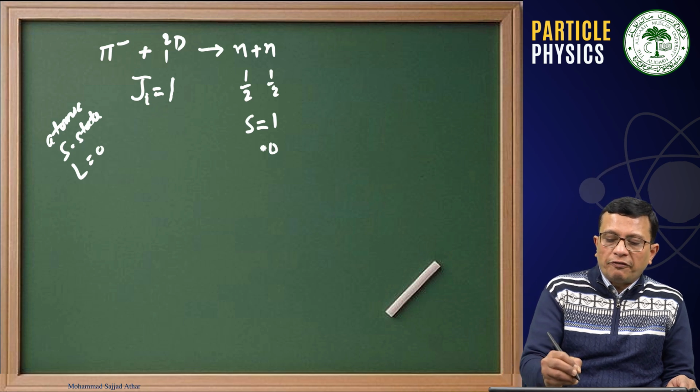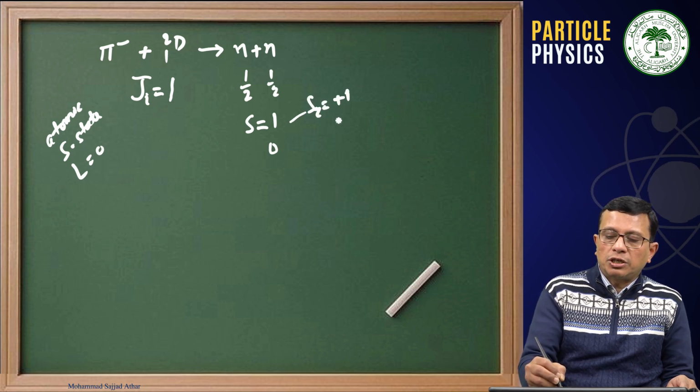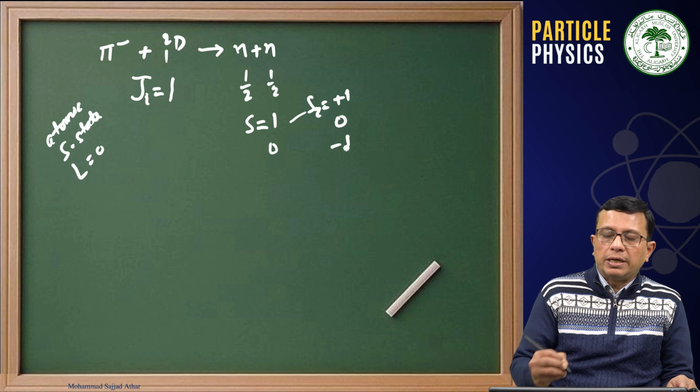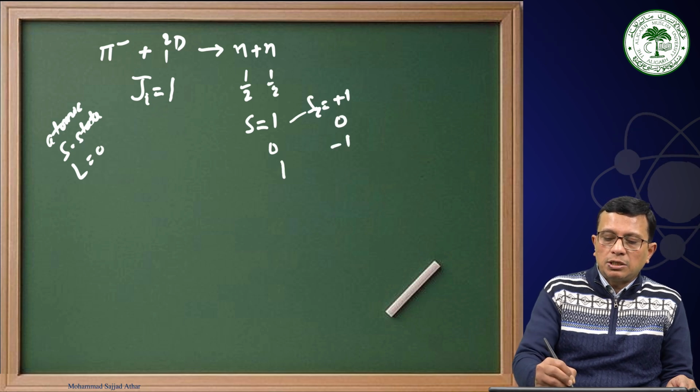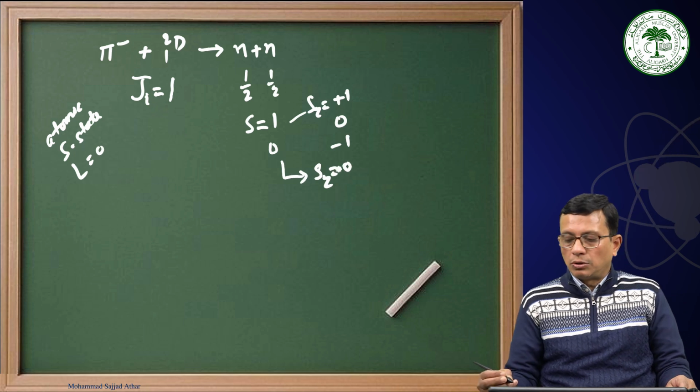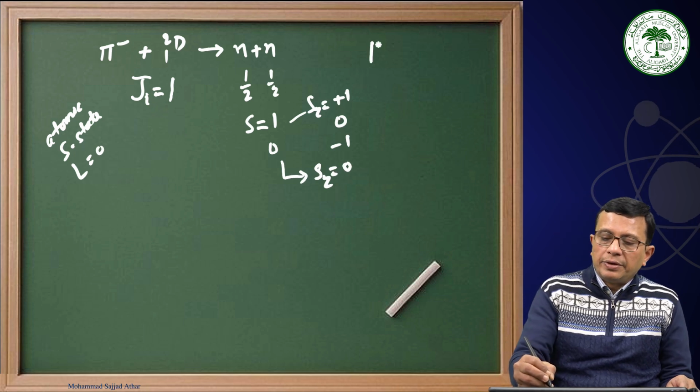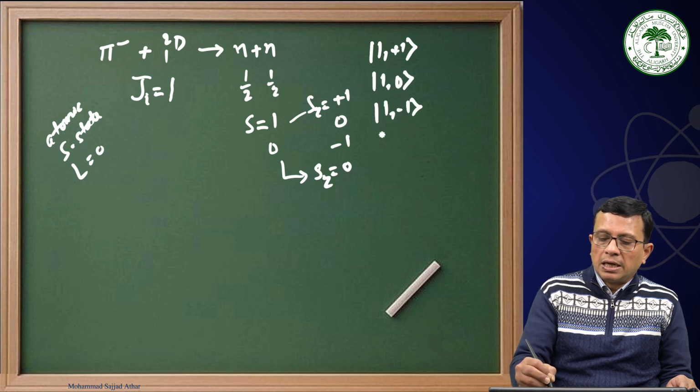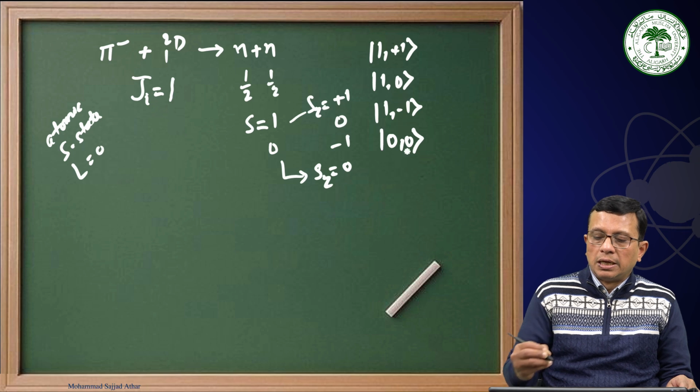We saw yesterday that the total spin of 1 results in projections of +1, 0 and -1, while S equal to 0 gives us Sz equal to 0. Therefore, in principle, we have the 1 +1 state, 1 0 state, 1 -1 state, and 0 0 state.